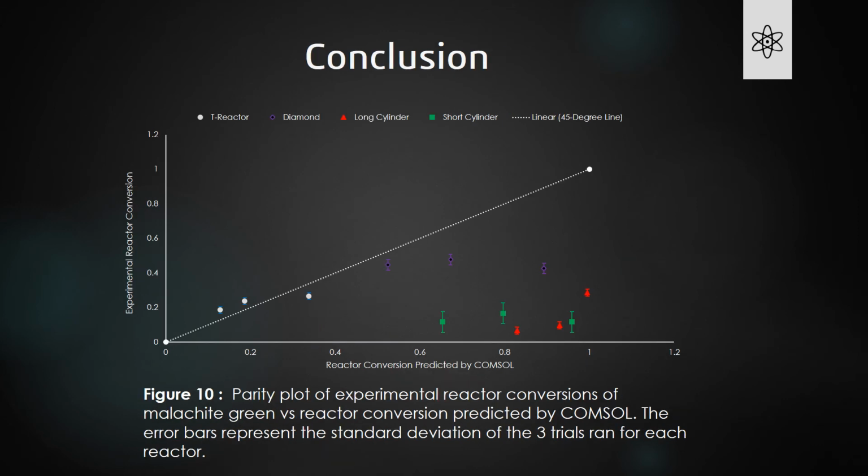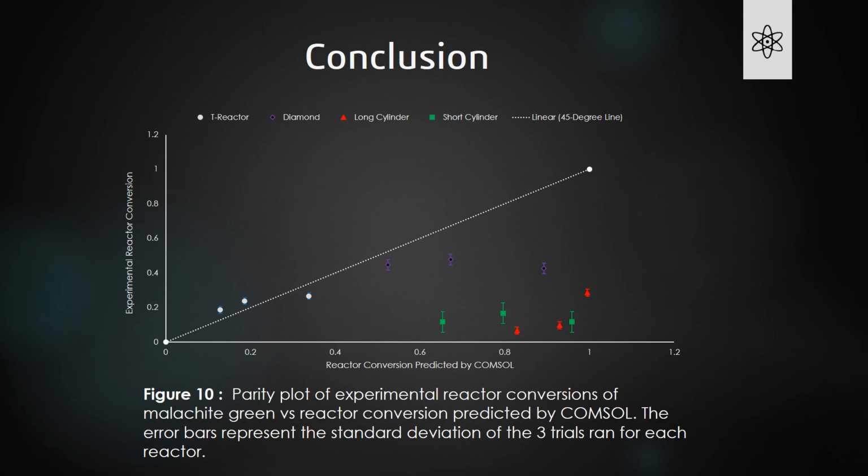We made a parity plot of the experimental Mg conversion versus the COMSOL predicted Mg conversion and added a 45-degree line to compare the values. Using the parity graph, we can compare the values of the theoretical versus experimental conversions. The T reactor was the closest to the 45-degree line, which means its experimental data was most comparable to the simulation data.